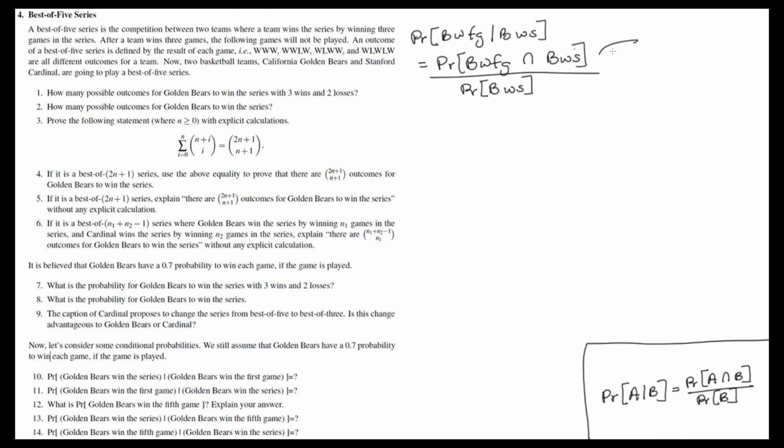We know from the last part that this is equal to 0.641, and we know from part 8 that this is 0.837. So the whole thing is equal to 0.766.